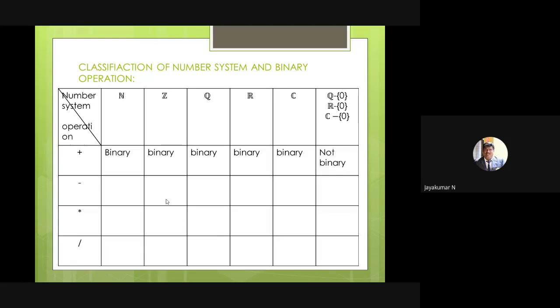There are two cases. In the definition itself, some sets exclude some numbers. For example, Q minus 0, R minus 0, C minus 0. In those sets, 0 is not a member.